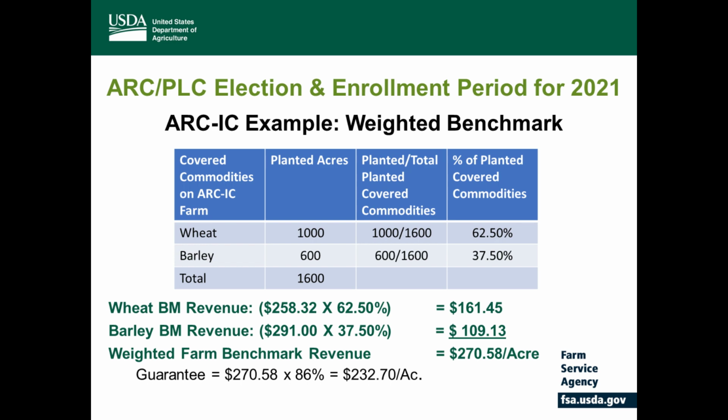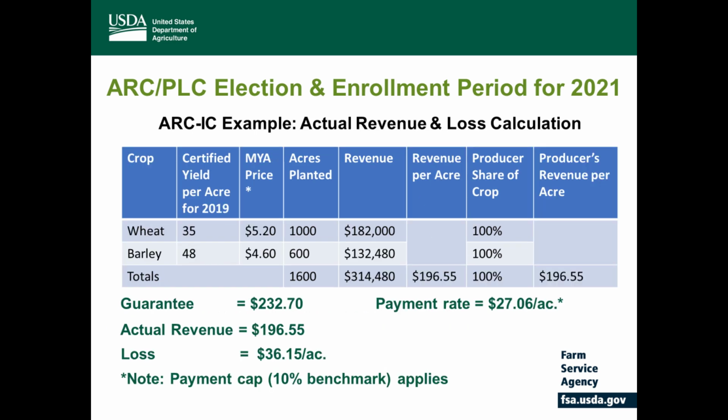We're going to add those 2 up. $270.58 is what our weighted farm benchmark revenue is for this farm. Now remember, our guarantee is 86% of our weighted benchmark. So we have our guarantee calculation there. So our guarantee ends up being $232.70 an acre.